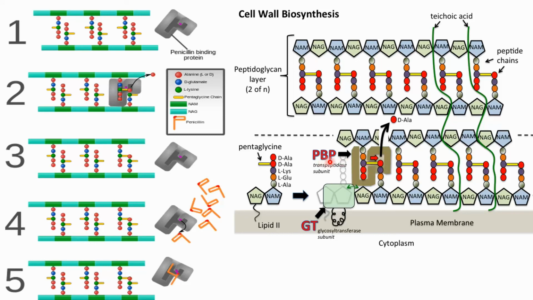Once the penicillin binding protein prevents the bonding between alanine and lysine, the cross-linking in the cell wall will be inhibited, and because of that the cell wall becomes weak, it will break, cell lysis will take place and the bacteria will die. Here also you can see the penicillin binding protein.